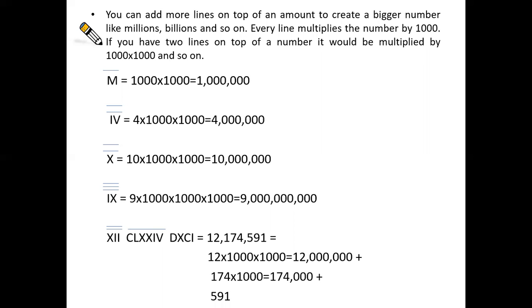And then you have CLXXIV with 1 line, which is 174 times 1,000, so it will be equal to 174,000, plus DXCI, which makes 591. So in total, you will have 12,174,591.